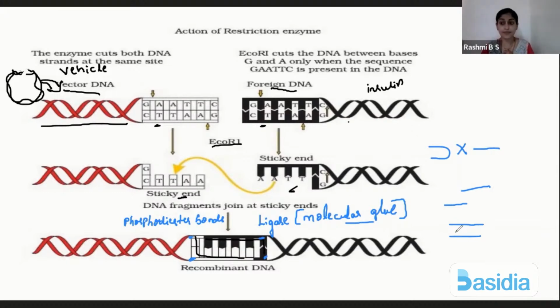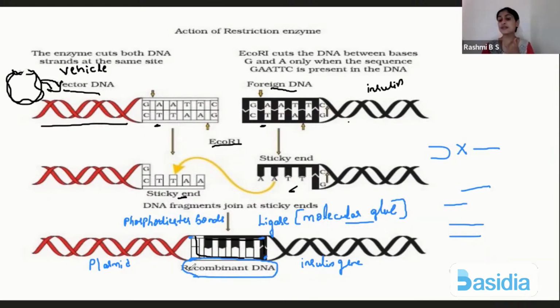Now see, I have combined. Combined means mixing, right? Yes, here in this picture, I have combined the insulin gene with plasmid DNA. So now can I call it recombinant DNA?